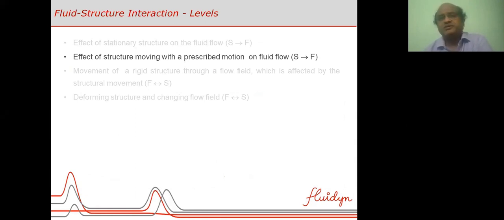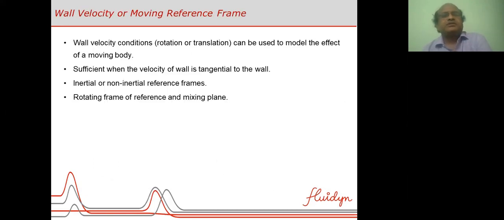The structure is moving, but its movement is not determined by the fluid flow; it is prescribed or forced by some other means, for example, the movement of a piston. The resistance offered by the fluid may be insignificant compared to the external force, so we can ignore the effect of the fluid on the piston.